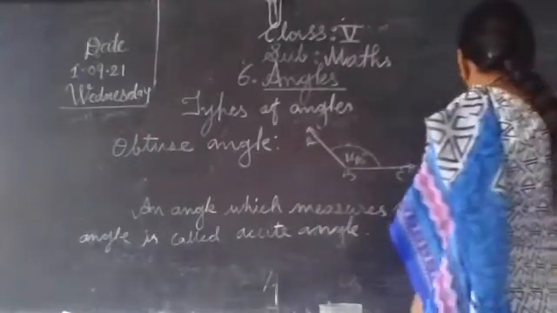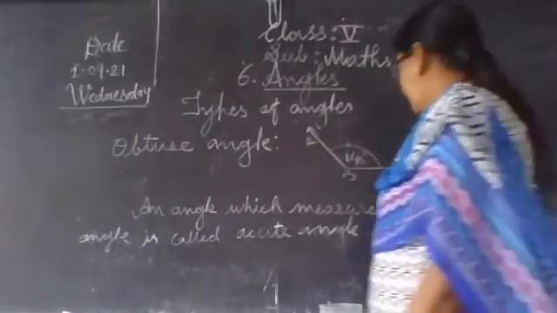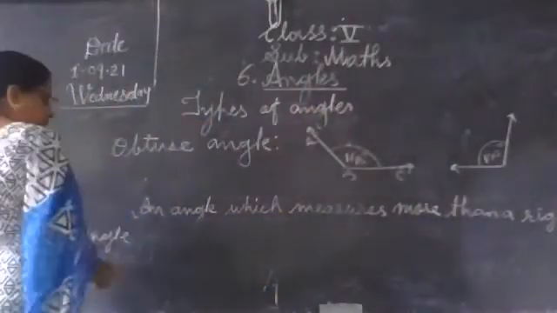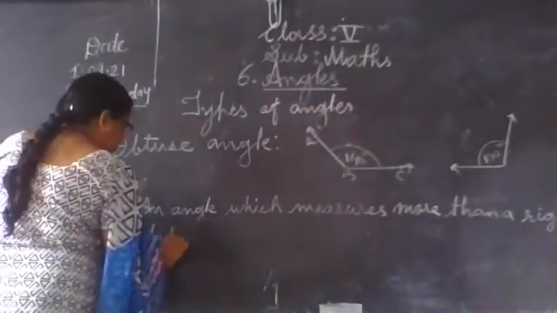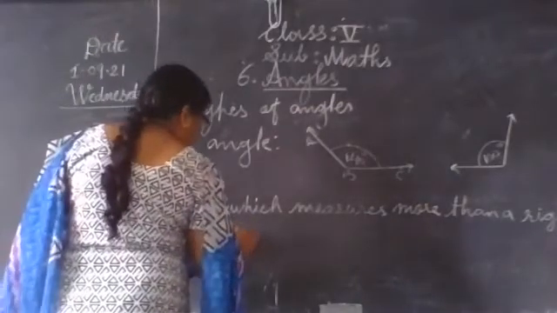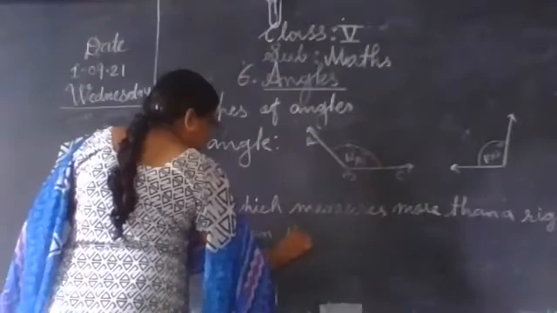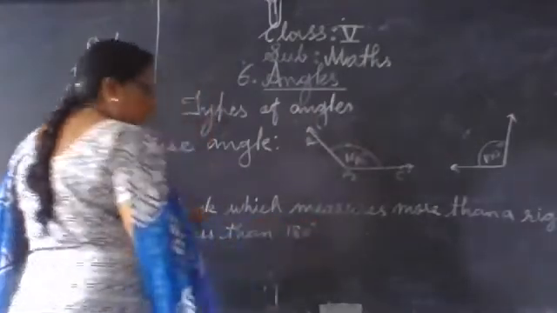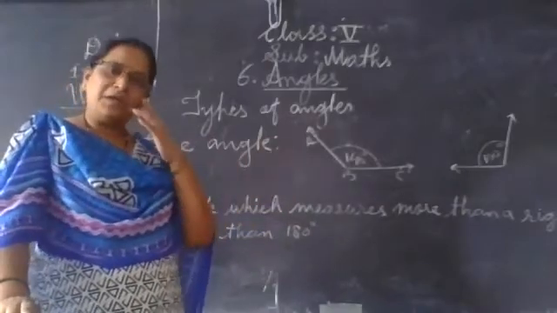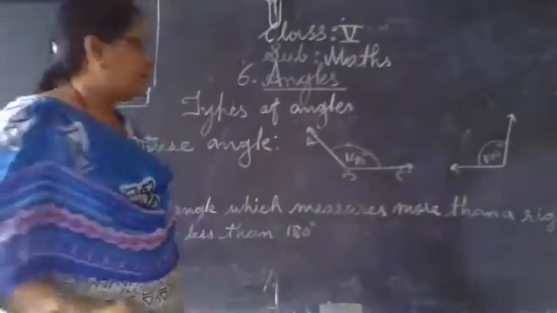An angle which measures more than a right angle but less than 180 degrees. All the angles which lie between 90 and 180 are obtuse angles. Got it, beta?